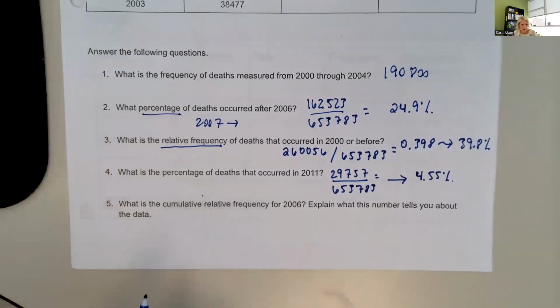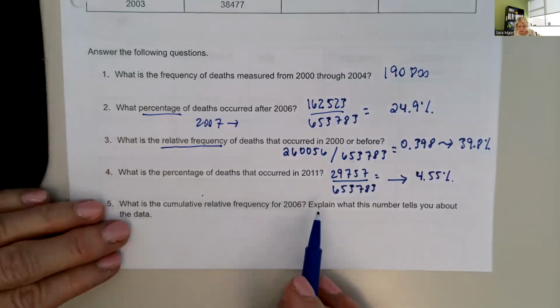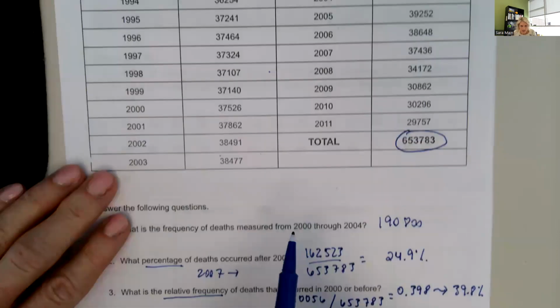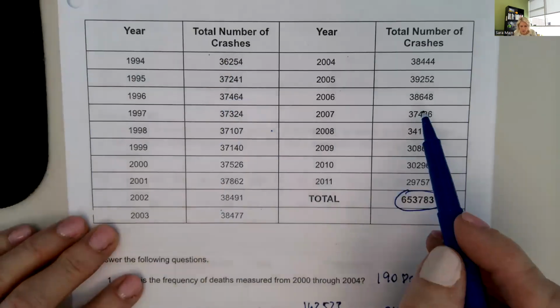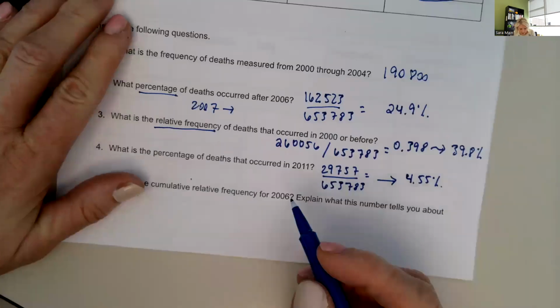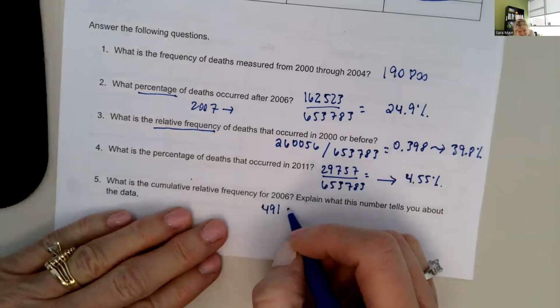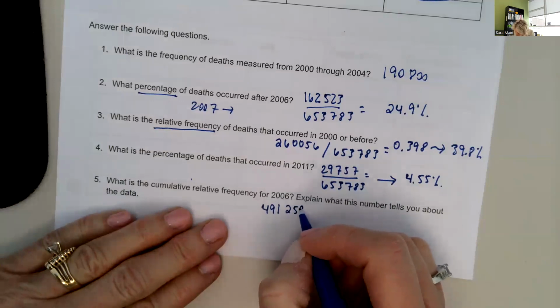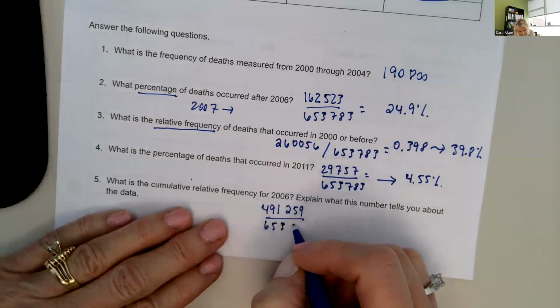And lastly, number 5 says, what is the cumulative relative frequency for 2006? And cumulative relative means everything up through 2006. So if we add those, we get 491,259, and there's probably a couple different ways that you could get to this number.